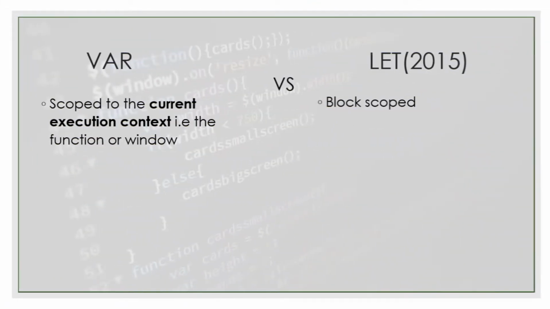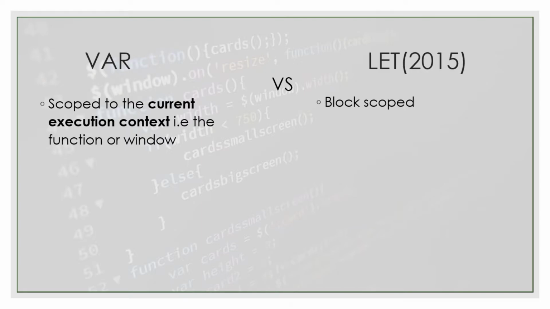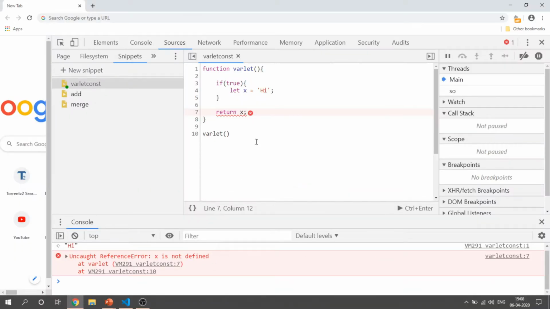Going back to the second difference, var gets hoisted whereas let never gets hoisted. To demonstrate that, I will remove this code, and let's say I have var x equals 1 and let y equals 2.